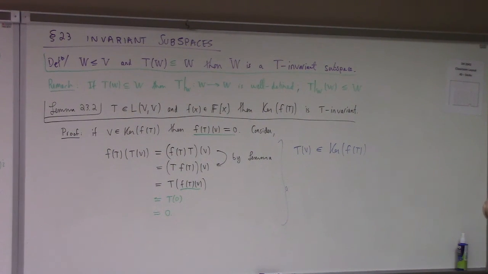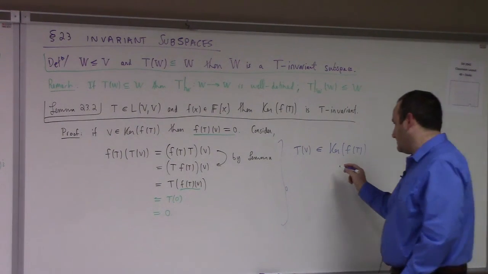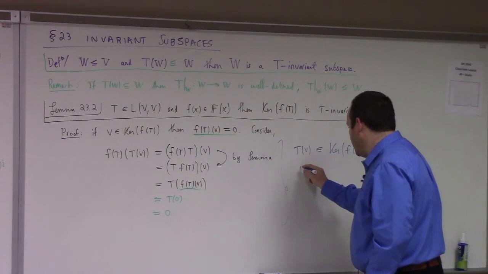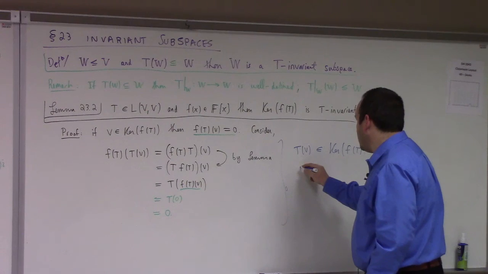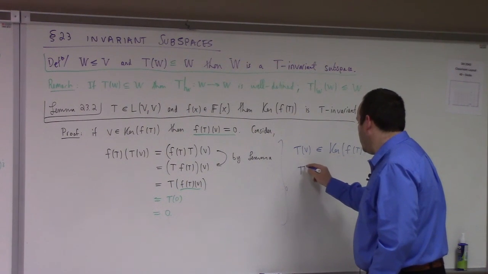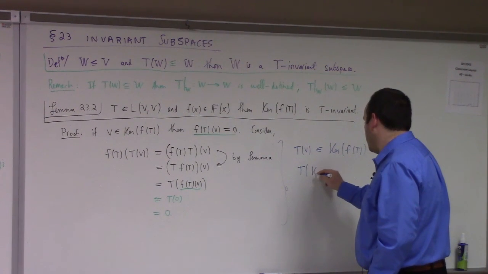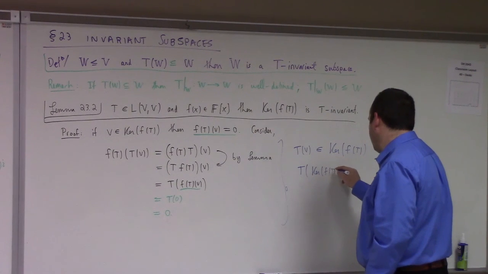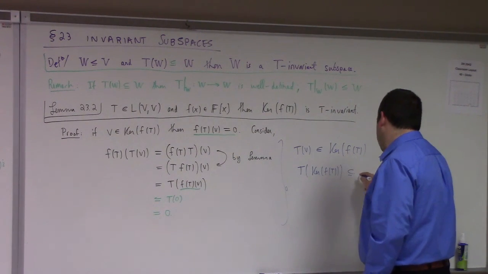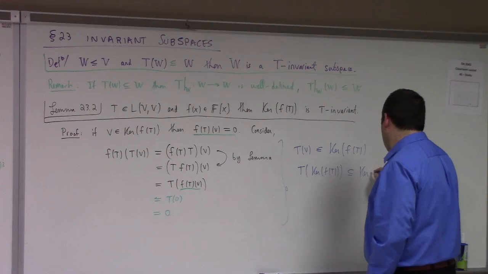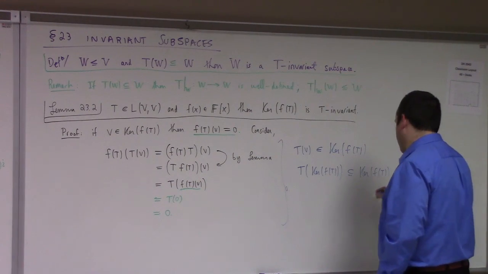Where did v come from? v came from the kernel of f(T). So this actually shows that T of the kernel of f(T) is a subset of the kernel of f(T).